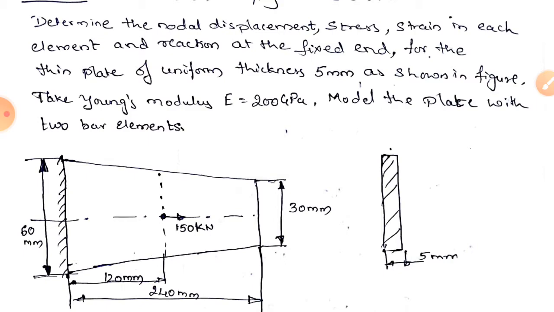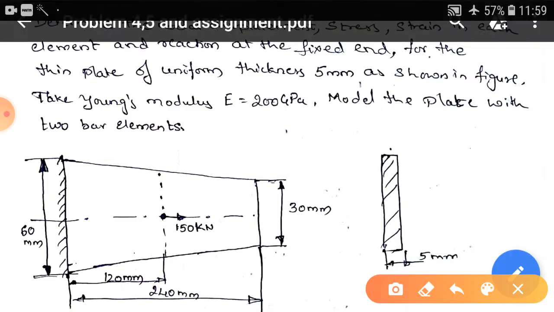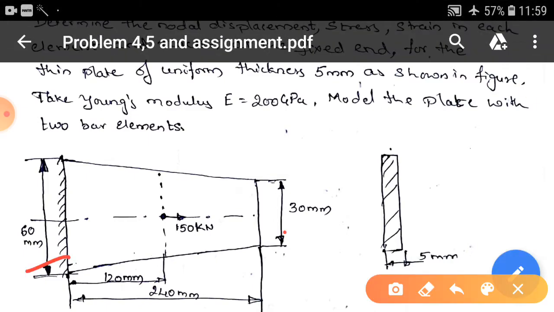In the given figure you can see that one side has a height of around 60 mm and the other side 30 mm. The thickness of the plate is 5 mm. This is the cross-sectional view of it.